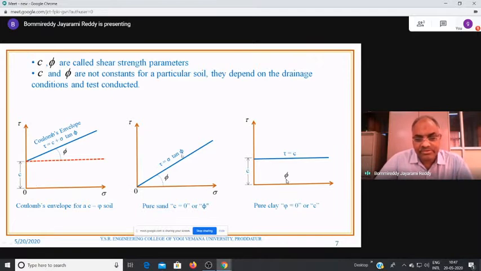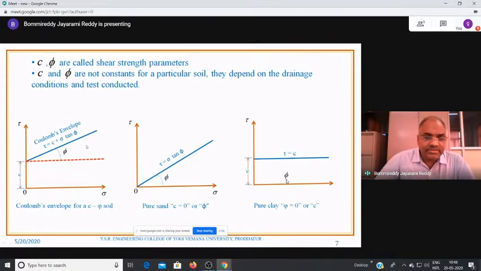So the shape of the envelope is again a straight line, given by the equation tau equal to sigma tan phi, where phi is the angle with reference to the horizontal. This is particularly for pure sand. Pure sand means it is cohesionless, no cohesion. So this case is valid for C equal to 0, where only phi exists.